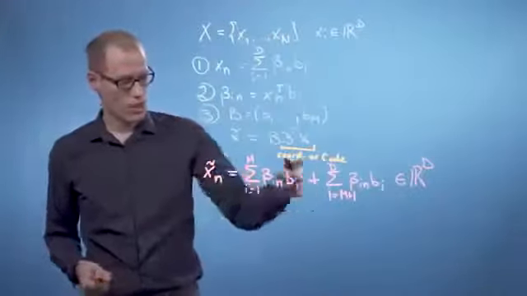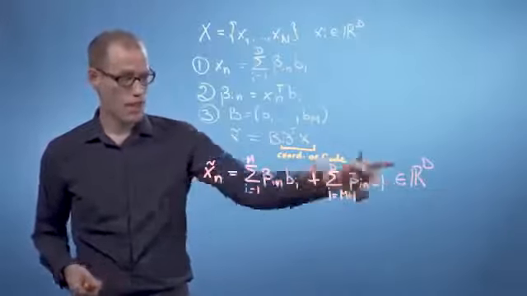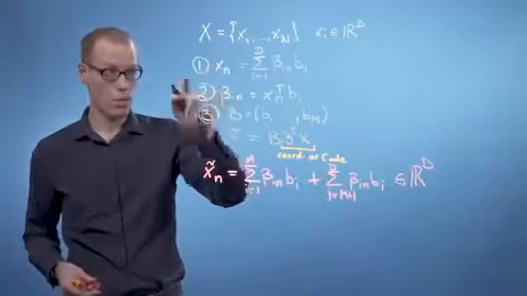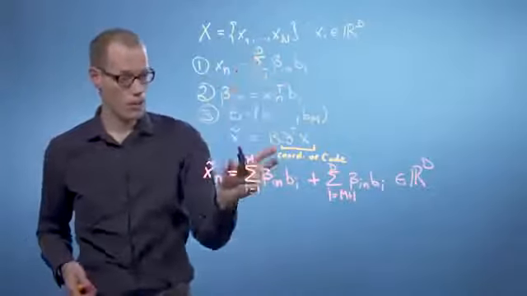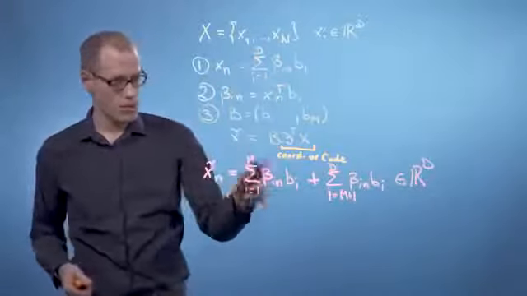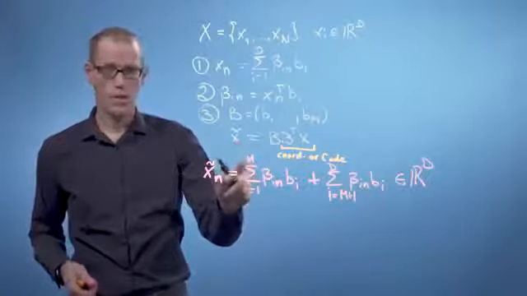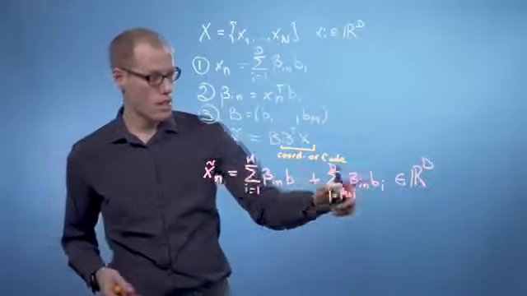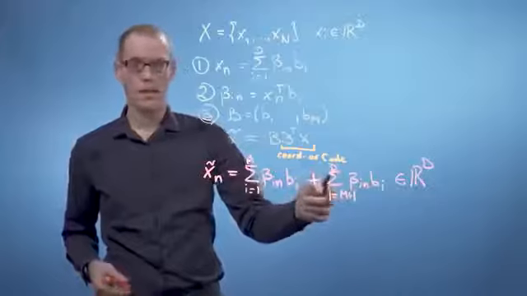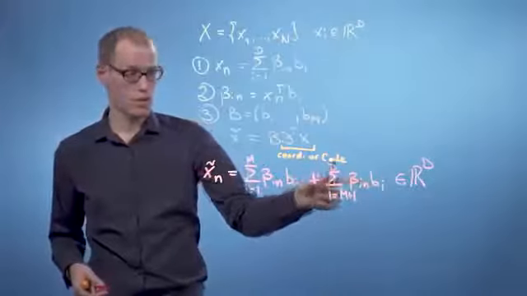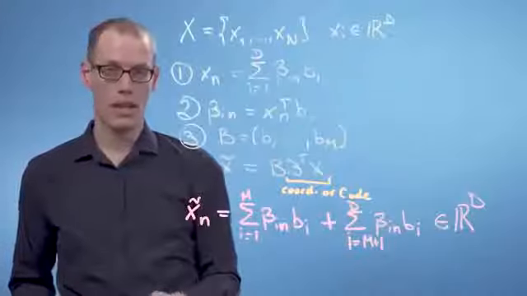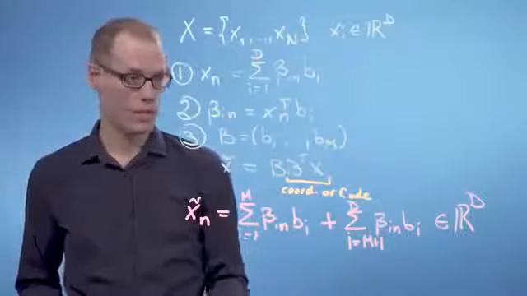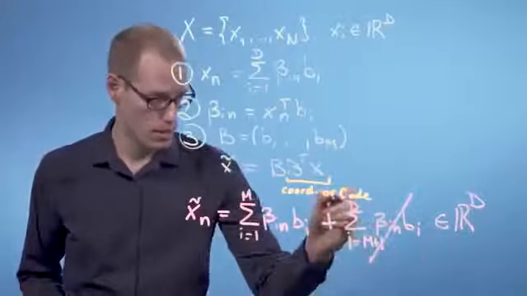We took our general way of writing any vector in R^D, which comes from property 1, and we split the sum in property 1 into two sums. One is living in an M-dimensional subspace, and the other one is living in a D minus M-dimensional subspace, which is an orthogonal complement to this particular subspace. In PCA, we ignore the second term, so we get rid of this part.